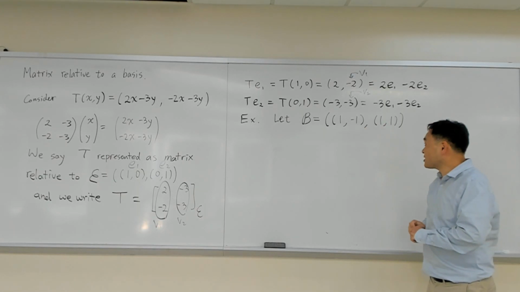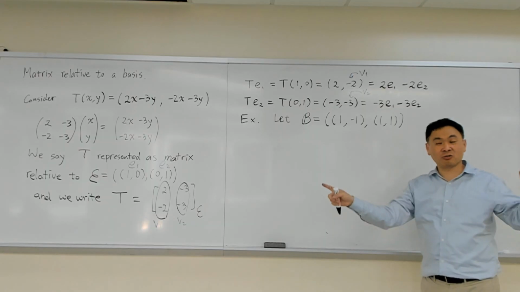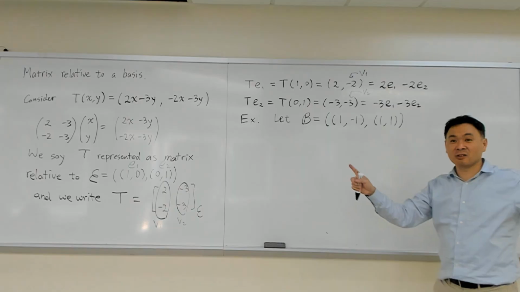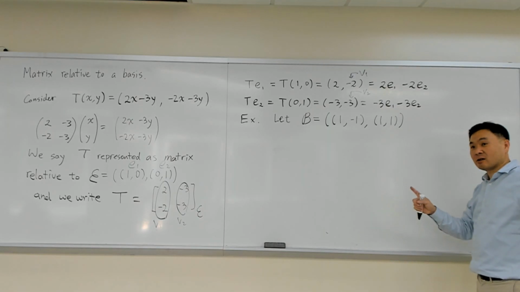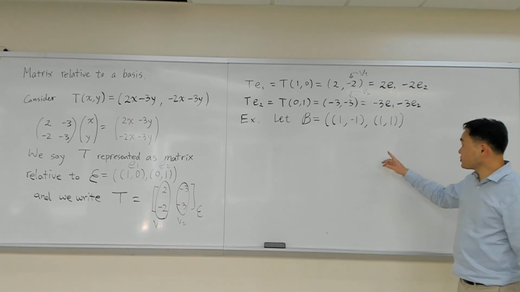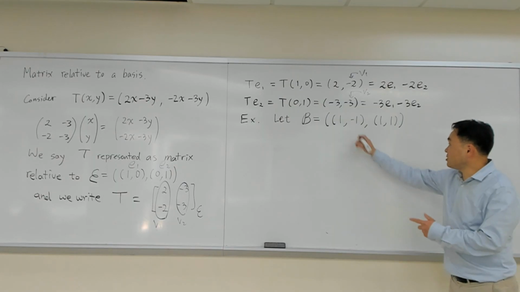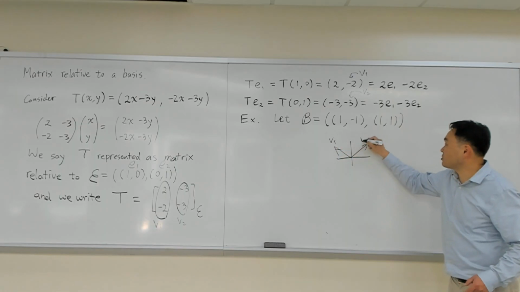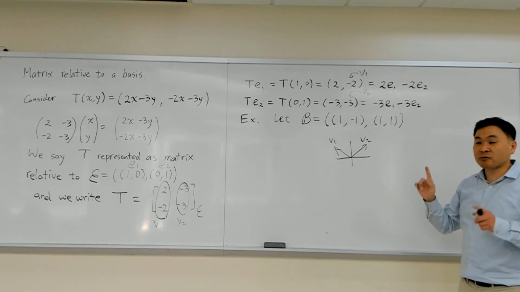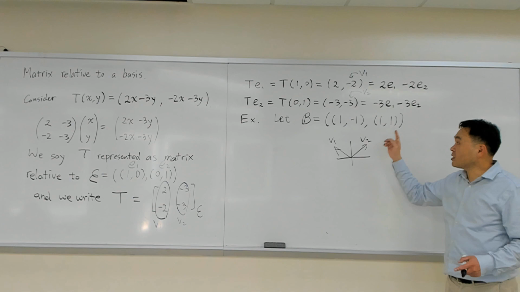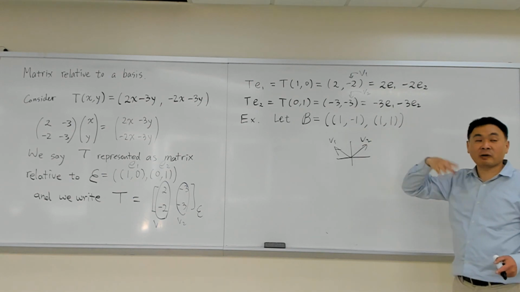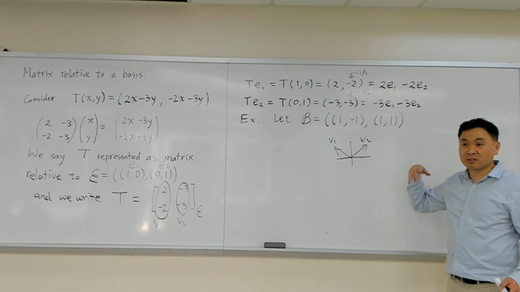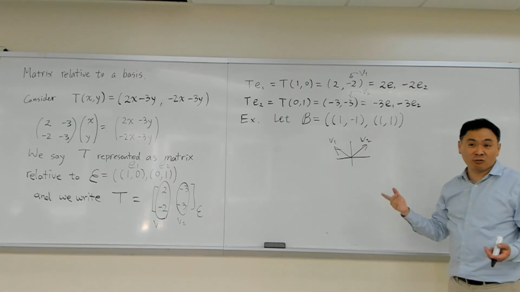In fact, this is 2 dimensions, so in 2D, as long as you have 2 vectors that are pointing in different directions, they will be linearly independent, right? This one is pointing that way, this one is pointing that way, so this is V1, that's V2. So definitely linearly independent, and since this is going to span R2, if you have 2 vectors inside R2 that are linearly independent, that should be forming a basis.